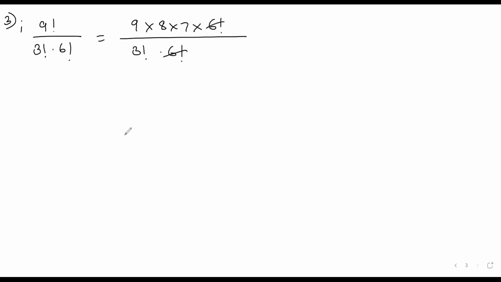This will get cancelled. We can write 9 into 8 into 7 upon 1 into 2 into 3. 3 factorial is 1 into 2 into 3 or 3 into 2 into 1. It is 12, 7 12s are 84.